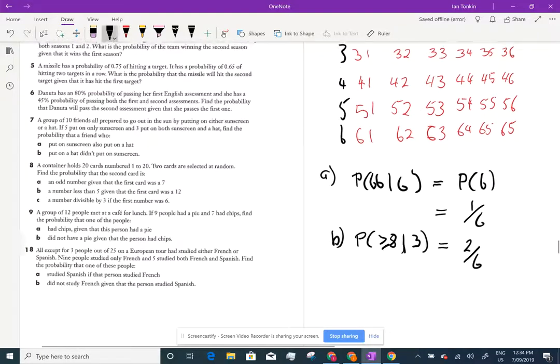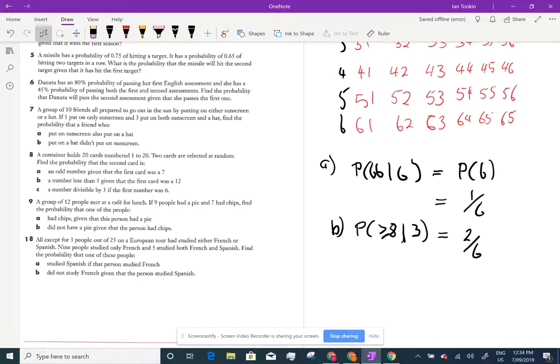Let's now go to question 5. So we're shooting targets. A missile has a probability of 0.75 of hitting the target. And it has a probability of hitting 2 targets in a row, so the probability of a target and a target is 0.65.